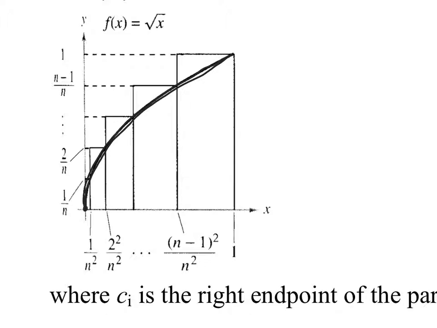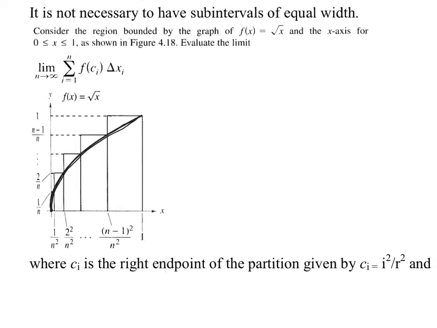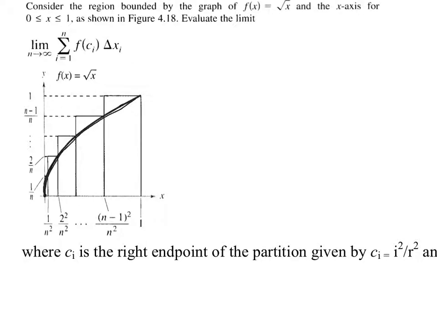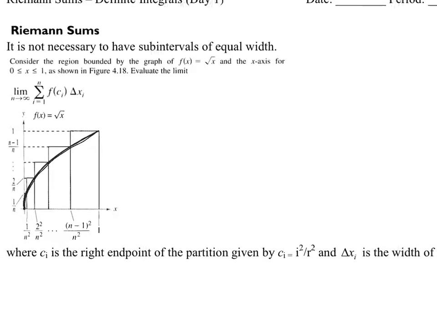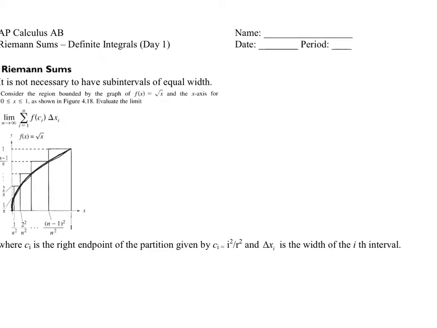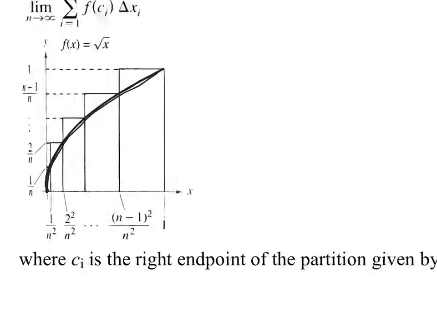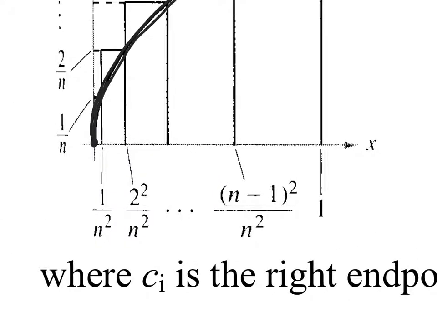And what we're doing here is, rather than having delta x be b minus a over n, which would have been 1 over n, we're letting c sub i equal i squared over n squared, and delta x sub i is the width of the ith subinterval. If we did b minus a over n, it would be 1 over n.